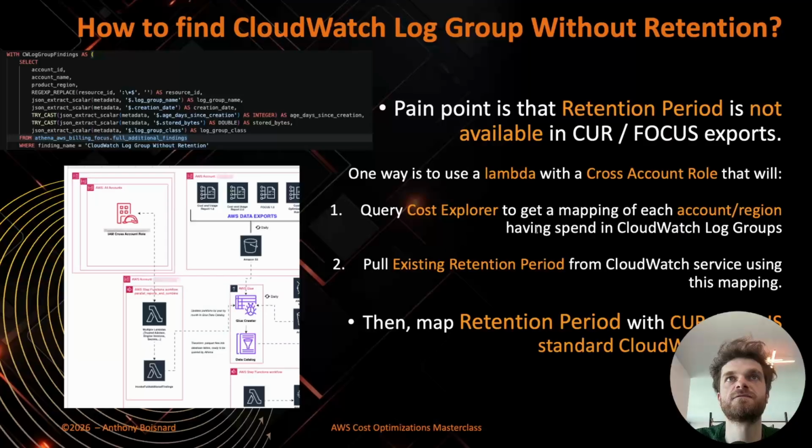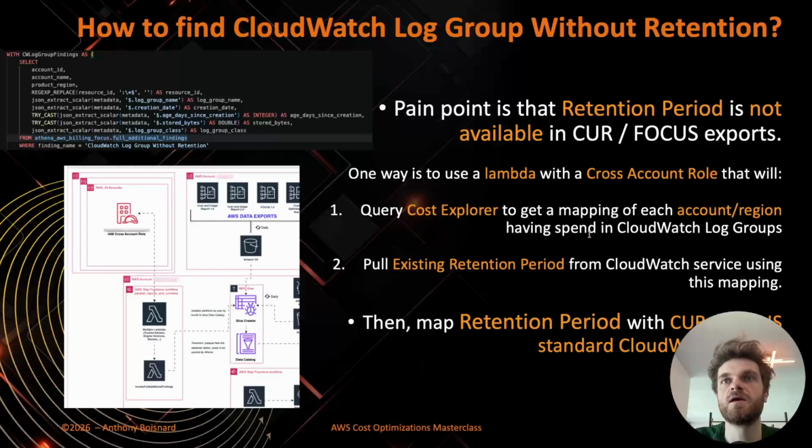So now how can you find all CloudWatch log groups without any retention policy? The pain point here is that the retention period is not available in either the CUR or FOCUS file. So one way to do it is to use a Lambda with a cross-account role that will first query Cost Explorer in the root account to get a mapping of each account and region having spend in CloudWatch log groups.